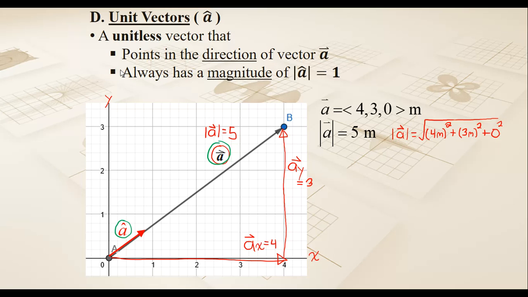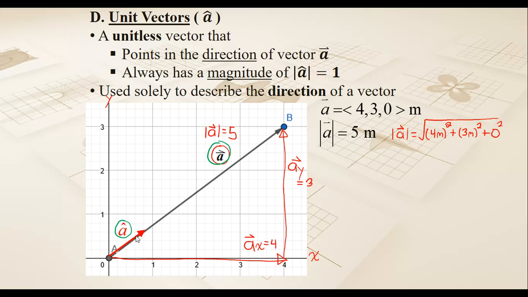A unit vector, so again, we use the symbol A hat for a unit vector, has a magnitude, a length, that's equal to 1. So on this graph here, this unit vector points in the same direction as vector A, except it only has a length that's equal to 1.